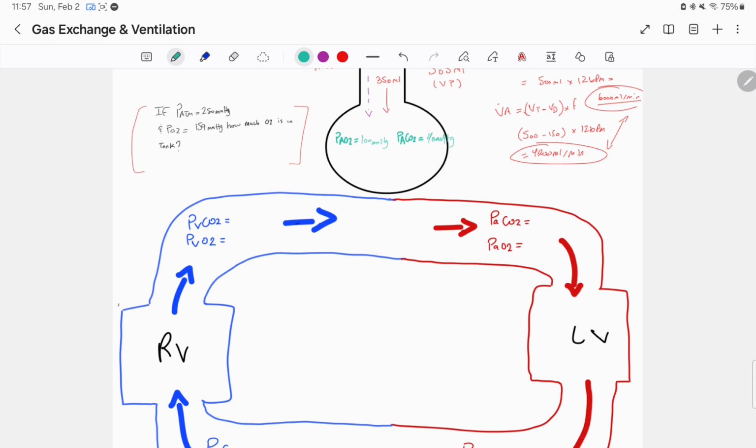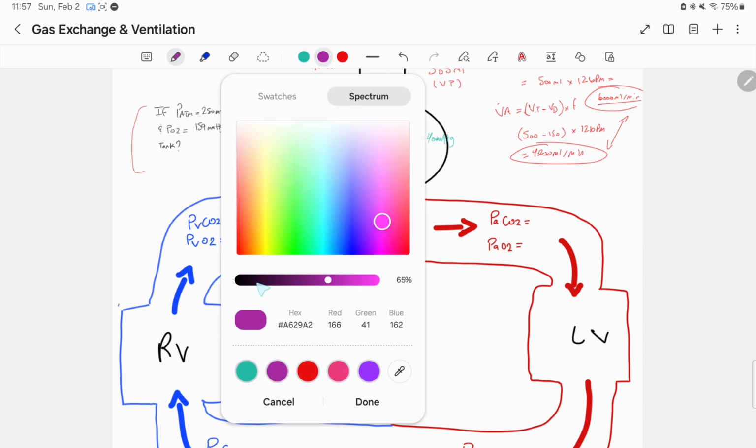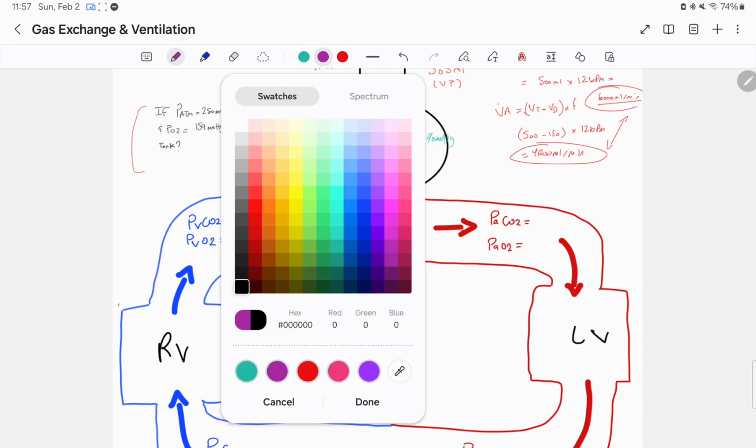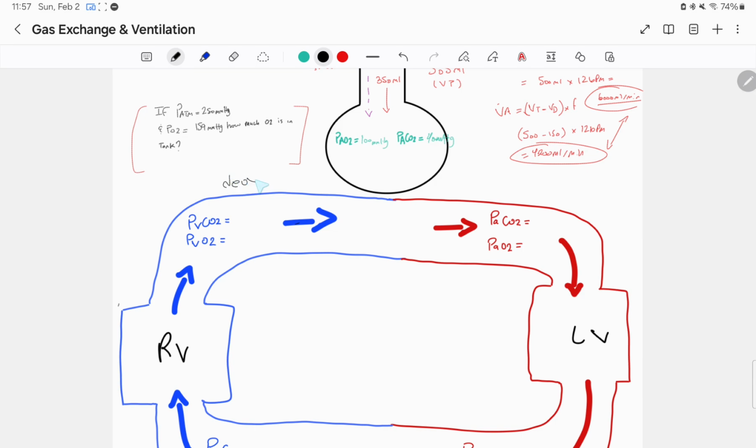So in order for me to exchange gas with this side of the blood that is deoxygenated, and this side that is oxygenated, with the alveoli, would the partial pressure of the oxygen have to be high or low?